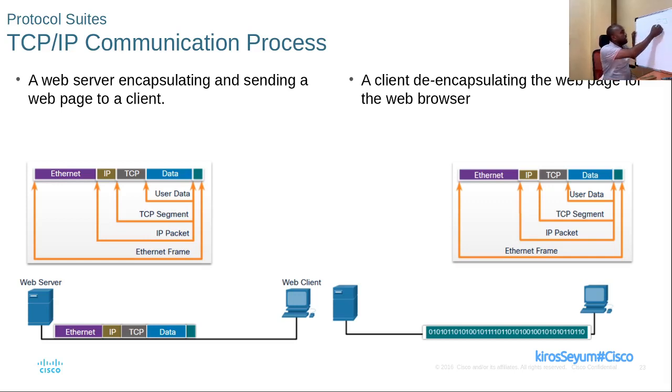When we want to send this data to the destination or to the receiver, we have to add the Ethernet, IP, and TCP. What we add here is just zeros and ones. For example, for TCP, some zeros and ones, or protocols, for IP, and for Ethernet.